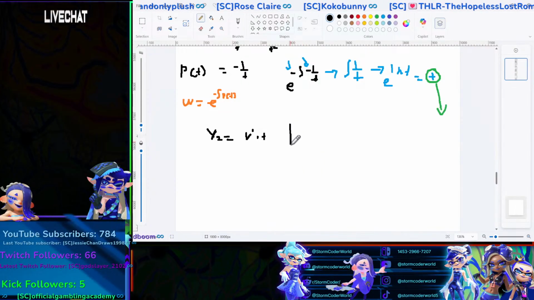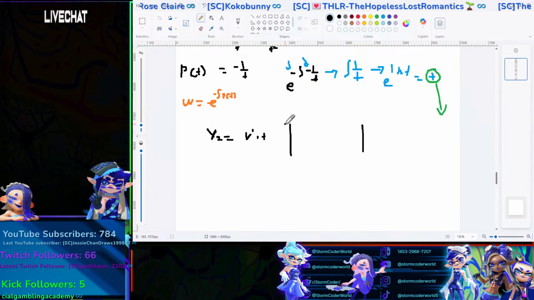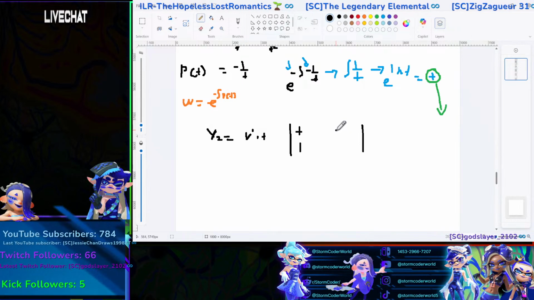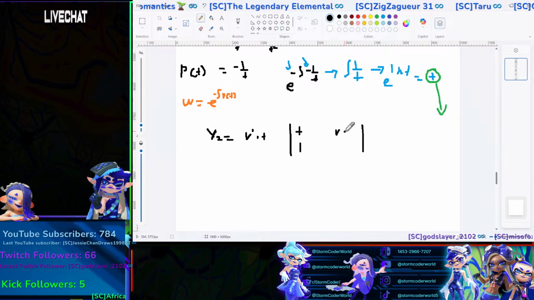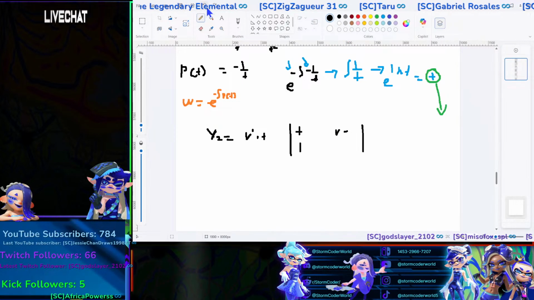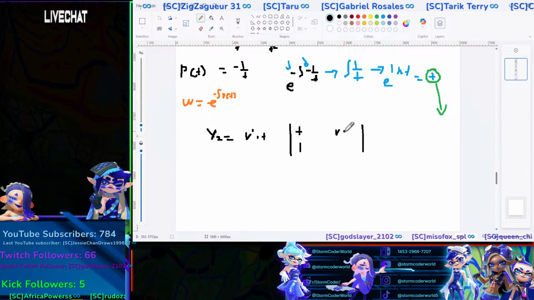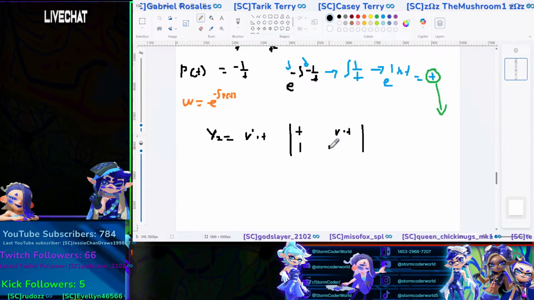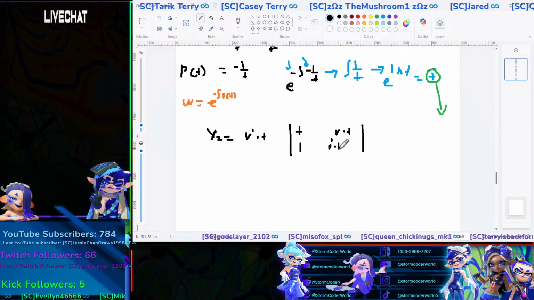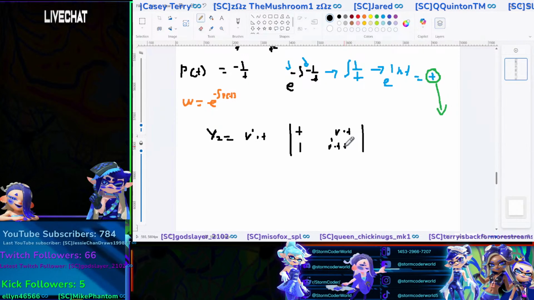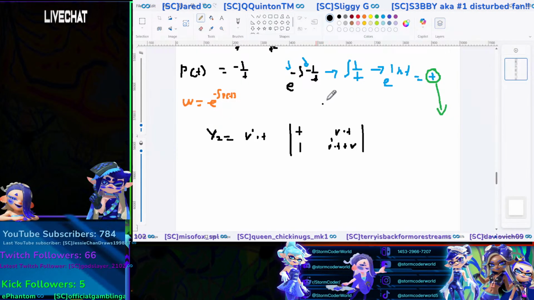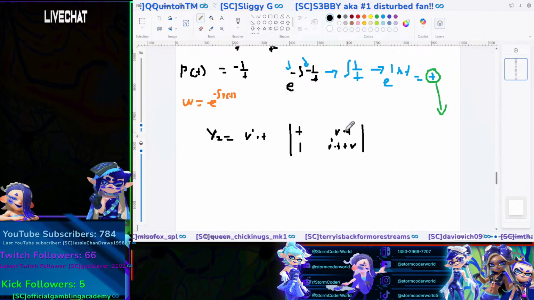We're going to use our Wronskian here, and we'll have t here, 1, and then v times t. Well, v multiplied by t. And in this case, we have two different derivatives, v prime times t, which will still be a thing, and then plus v. Okay, so we have this.